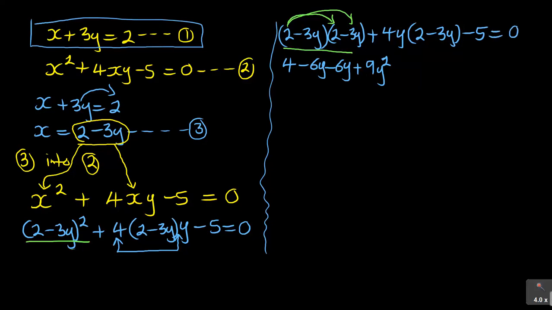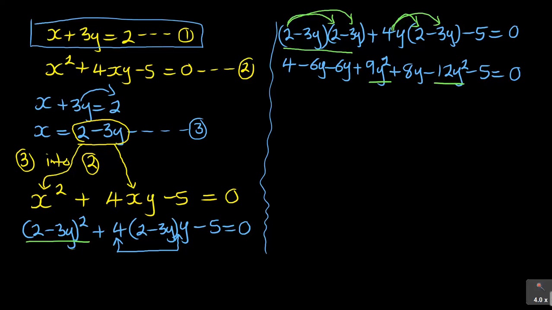Then you do the same thing with the y. It multiplies like this and like that, so you'll have 4 times 2, which is 8y, and 4 times minus 3 is negative 12y squared. Remember, y and y. Minus 5 equal to 0. Collect like terms and bring them together.